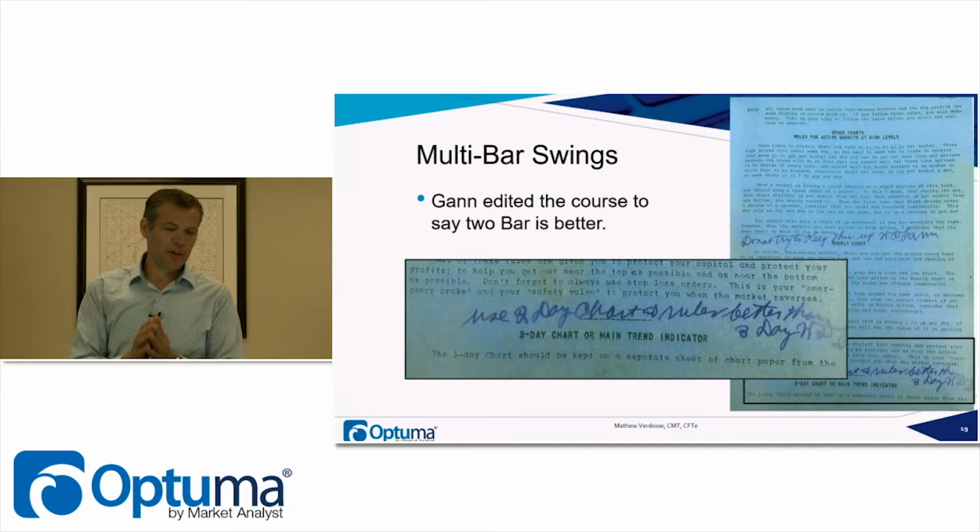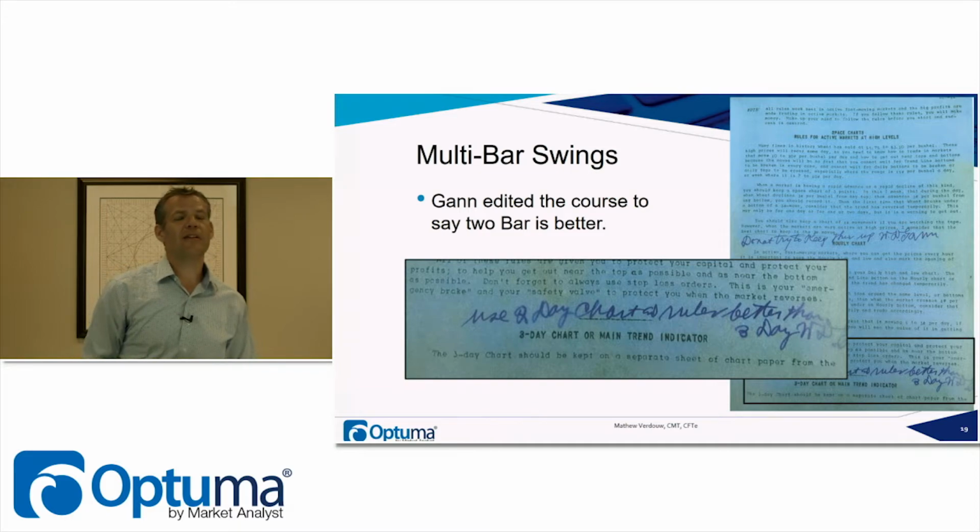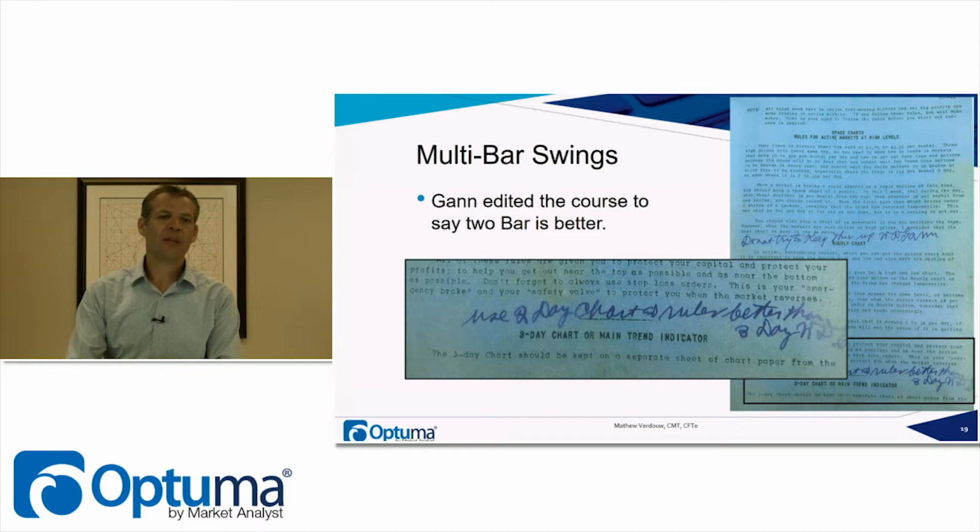Gann had this habit, you know, he would send people his courses, but then if he changed his mind over the years, he would get a purple pen and write in different information. Now again, this may be hard to see, but at the top here, what I find funny is that he's talking about how you should keep a 1-cent chart of the market.